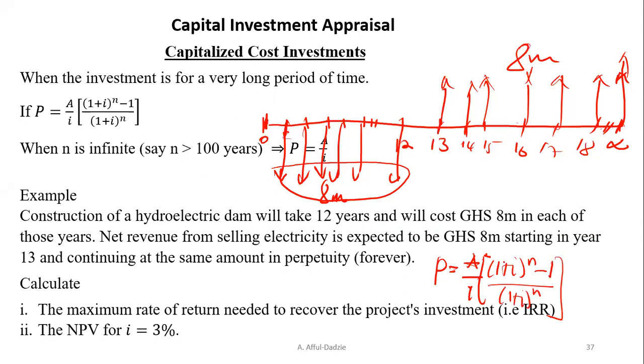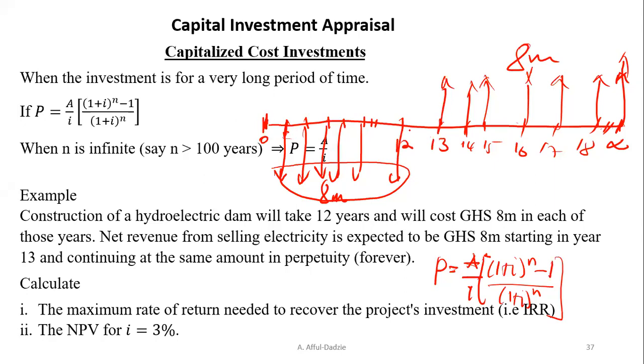Okay, so this gives us our present value for the costs. So here n will be 12 years because it starts from 1 to 12. Okay, and because period 0 immediately precedes the beginning of the cash flows, this will take us to period 0.